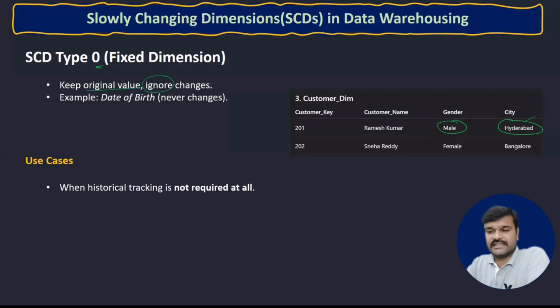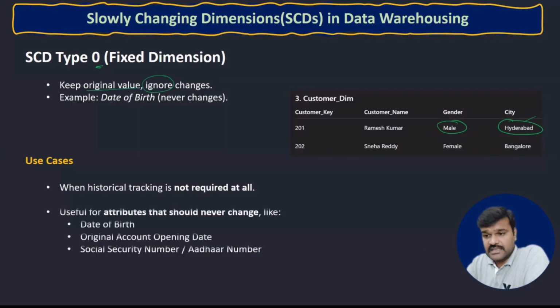This is generally useful when historical tracking is not required and you are strict to the initial values. Original account opening date, SSN, Aadhaar number, once given, you can lock them. So, simple discussion, nothing much to understand in type 0.